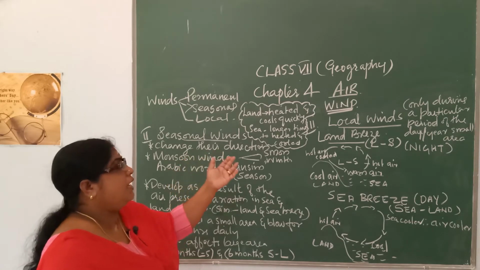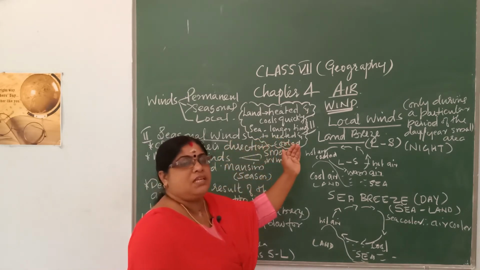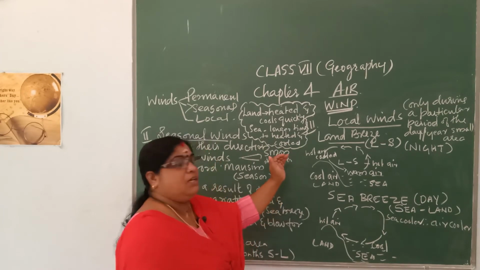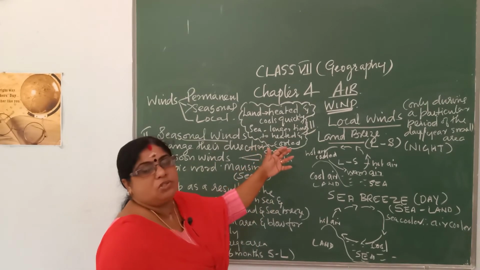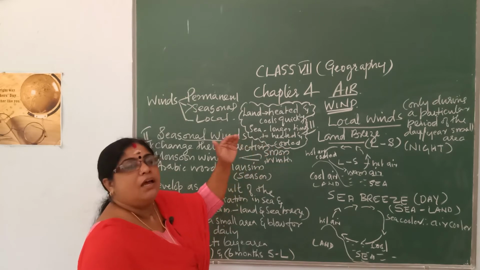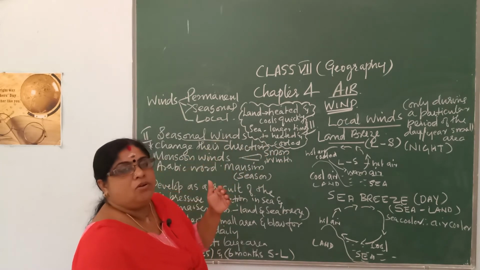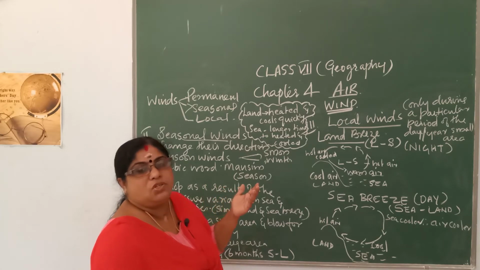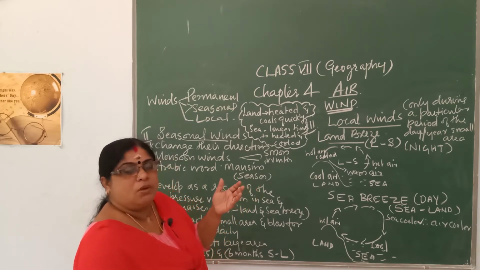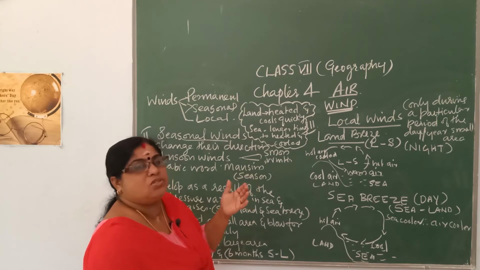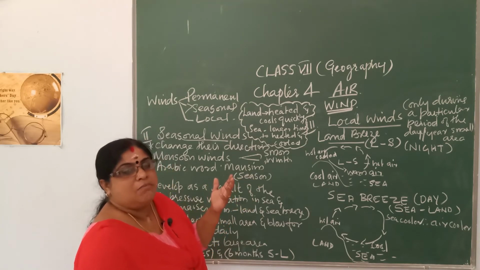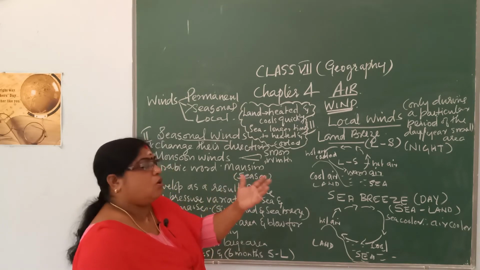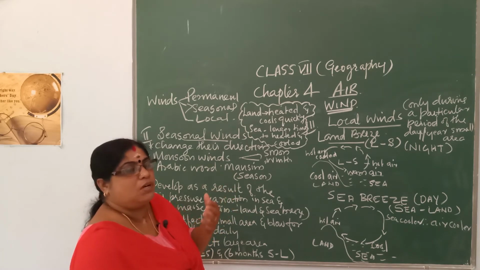Here you will be dealing with land breeze and sea breeze, how wind occurs, and what happens during the daytime and the night time. Those of you who have been to coastal areas or a beach during the daytime have seen cold winds frequently blowing from sea towards the land.